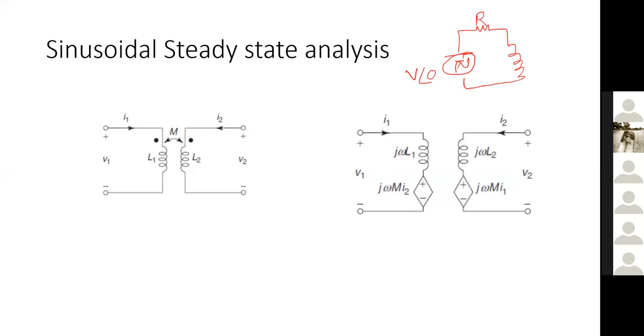This is R. How will I find the steady state current in this circuit, Gauri? How will I find the steady state current, Gauri? Or Fatima? Fatima can tell. Fatima, how will I find the current in this circuit? This inductance is L. I want steady state current. What is that?